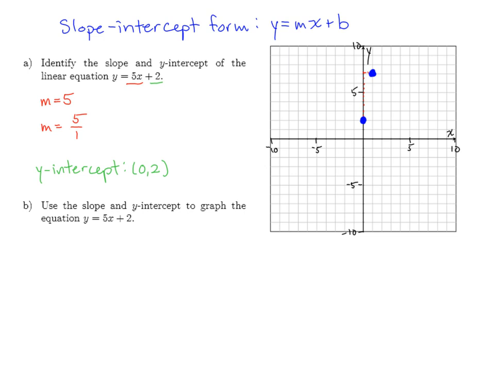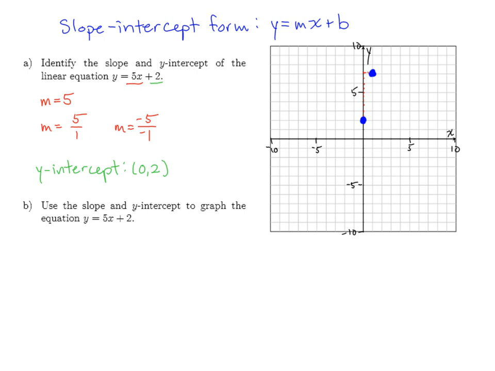Now, to find more points on this graph, 5 is a pretty steep slope, so I'm not going to be able to put any more in that first quadrant. I can, however, also write m as -5 over -1, which is a pretty complicated way to write the number 5, except it's helpful in this case to recognize that 5 is equivalent to -5 over -1, because now I can move from that point 0, 2 and go down 5 units, left 1 unit, to find another point on this line.